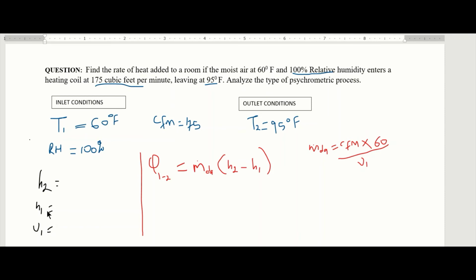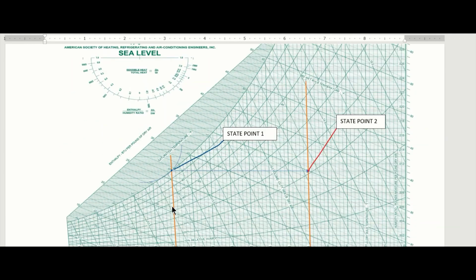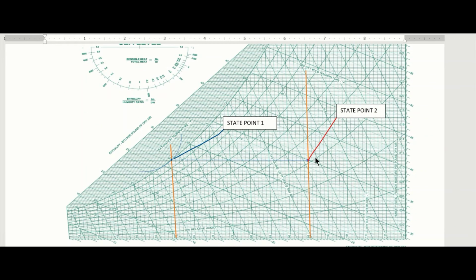So to get my H2, I use my state point 2. Come back to my chart. Yes, my state point 2. I take my ruler, I draw a parallel line from the state point to my enthalpy readings. As you can see, that gives us 35.